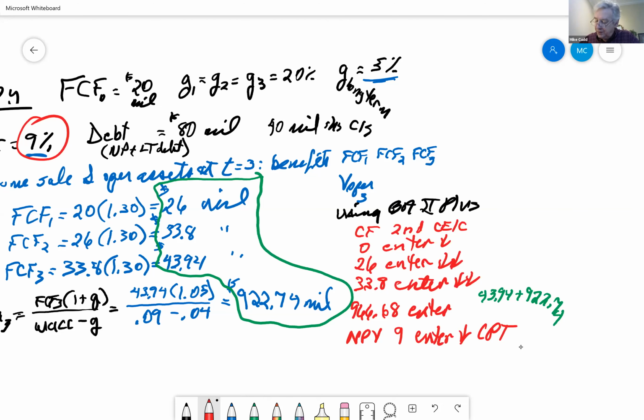Then 966.68. Cost of capital. I'm getting a value of operating assets today at T equals 0 of, I got 798.76 mil.